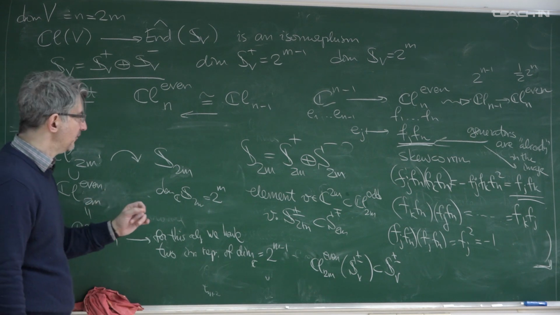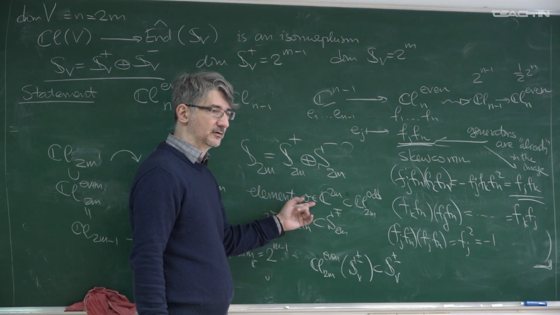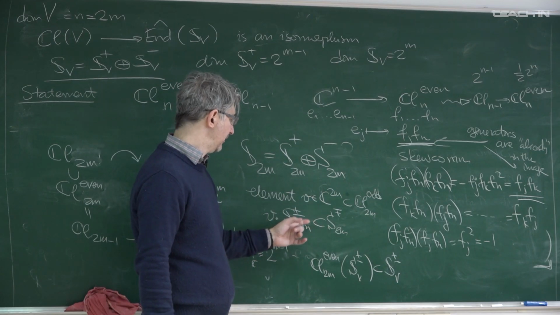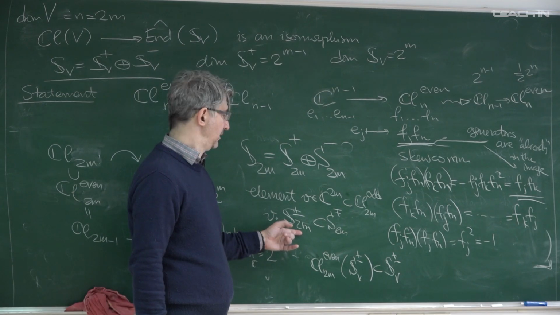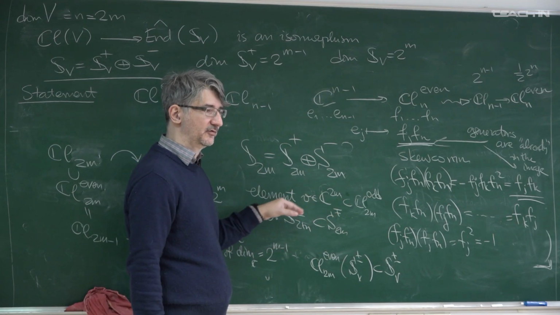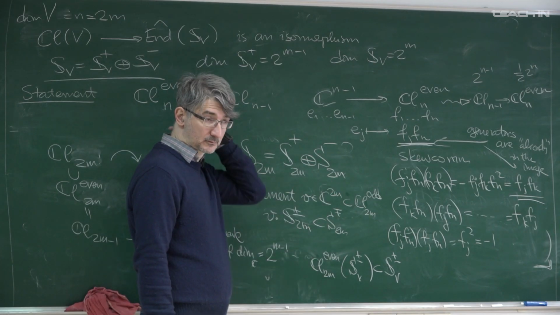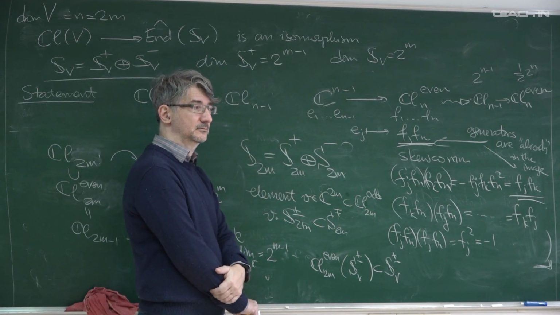The next question is, if I take just one element from the odd part, which is just a vector, for simplicity, and act by this vector on this splitting. My claim is it changes the grading. Plus is sent to minus, minus is sent to plus. Why? Multiplication by V should send an irreducible representation to an irreducible representation, since V times S plus is stable with respect to the even part.